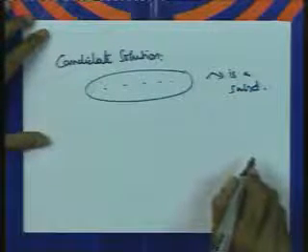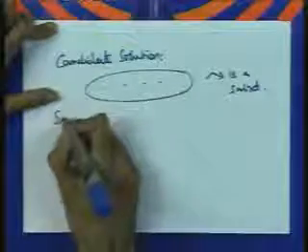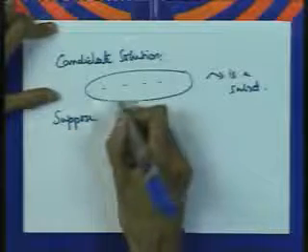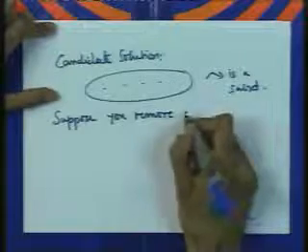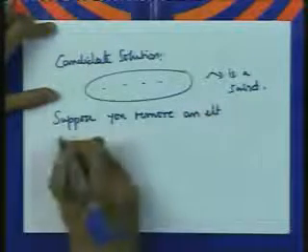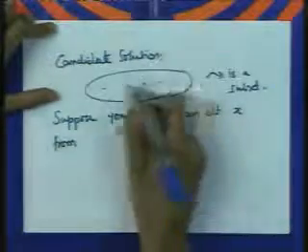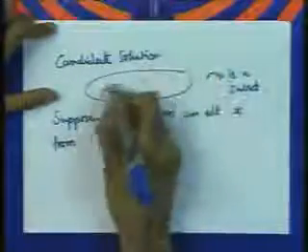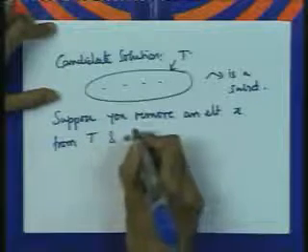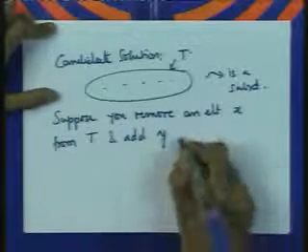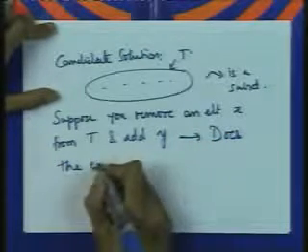Now the exchange trick is this: supposing you remove, let's say, an element x from this solution. Call this T. Okay, this is subset T, remove x from T, and add, let's say, y. The question you ask is, does the solution improve?